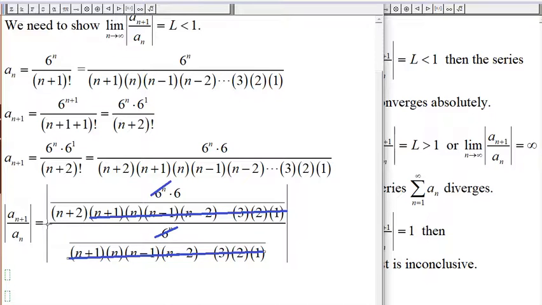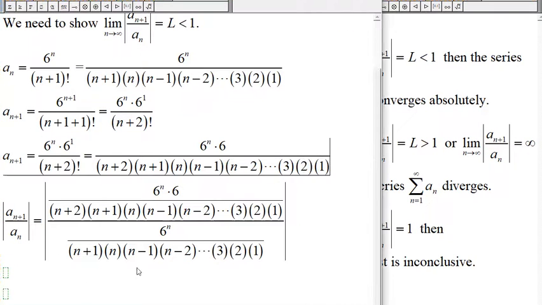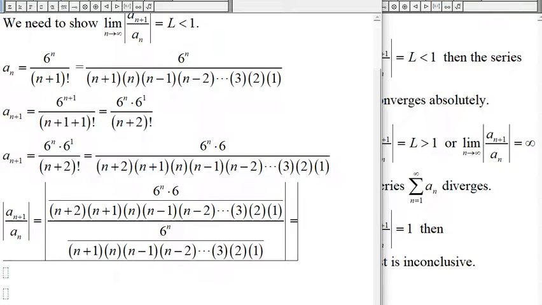So this ratio is 6 divided by n plus 2. Now, n is a positive number, and so this quantity is positive, and so we don't need the absolute value, because the absolute value of a positive quantity is the same thing.